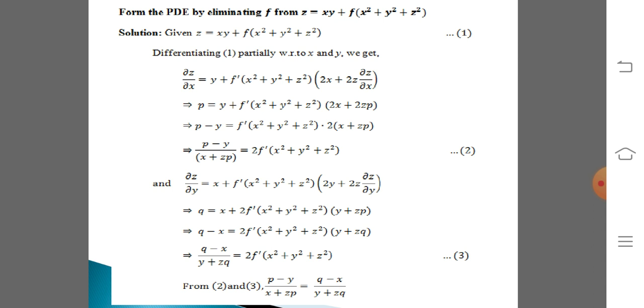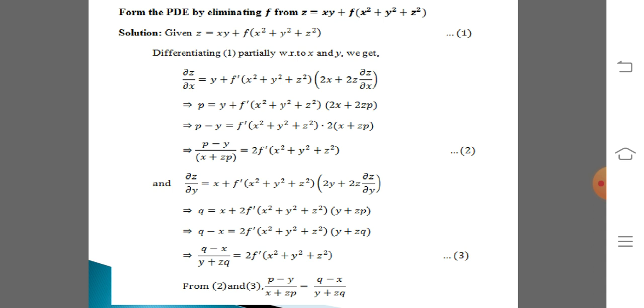how do you differentiate f of (x² + y² + z²)? What do you mean by f of (x² + y² + z²)? It is an arbitrary function of x² + y² + z². So if you differentiate this, you get f dash of (x² + y² + z²), and again you have to differentiate x² + y² + z² with respect to x partially.